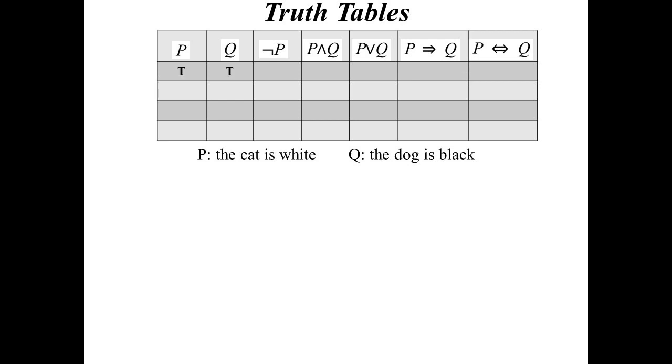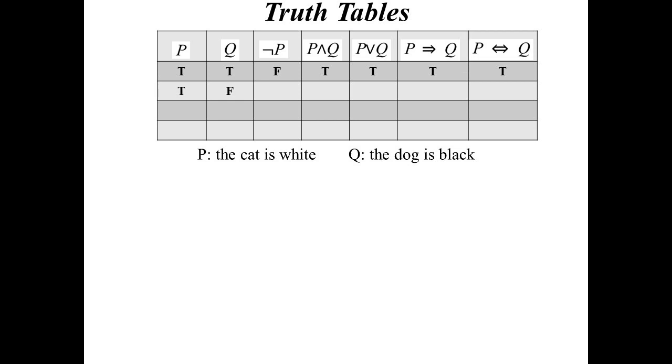If both of these statements are true, so we've got true and true, well the negation of P would be false, P and Q would be true, P or Q would be true, P implies Q would be true, and P being equivalent to Q would be true. So if indeed the cat was white and the dog is black, all of those things would be true statements other than the negation of P.